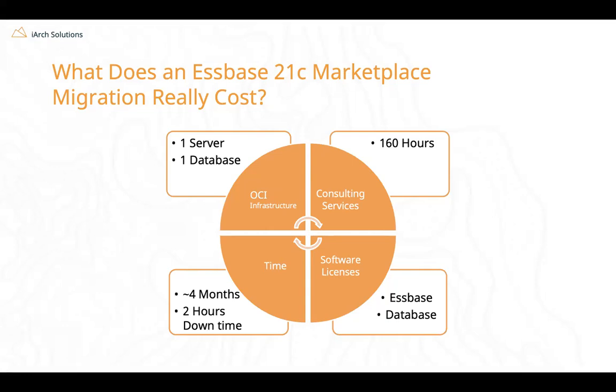The way it works now, with the Marketplace edition of Essbase, which is the OCI hosted version of it, you're paying by what's called Oracle CPU or OCPUs. So we don't care if you have one Essbase user or 1,000 Essbase users. You don't pay by the user anymore. You're paying basically by almost the Oracle core, if you will, for the instance. Okay, so the software license model changes a bit.